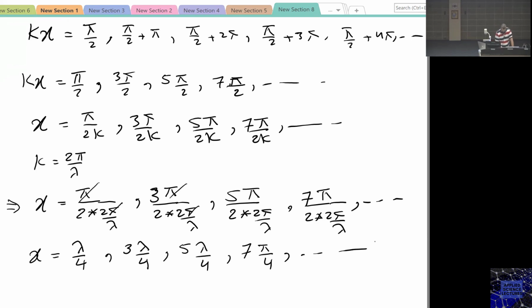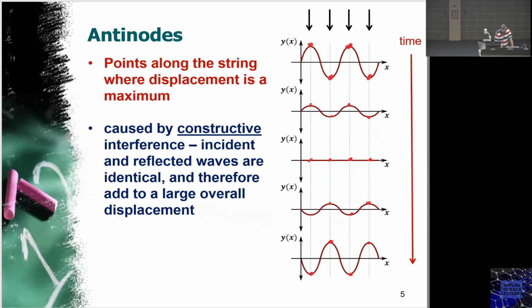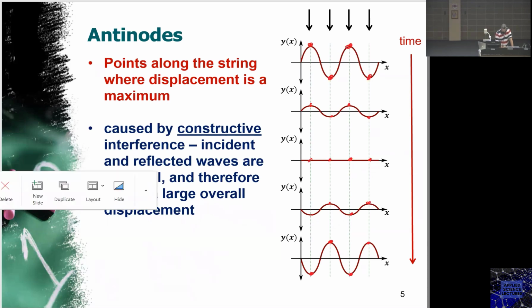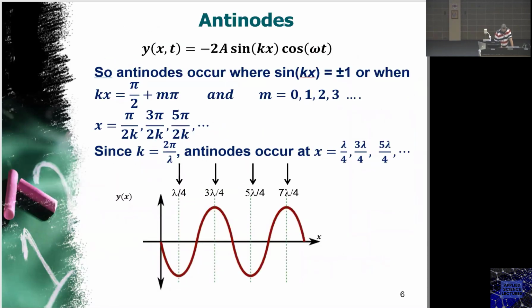Now, the starting point is different. The starting point is here at lambda over 4. And then you add lambda over 2. The difference between the antinodes is the same as the nodes in the space domain.